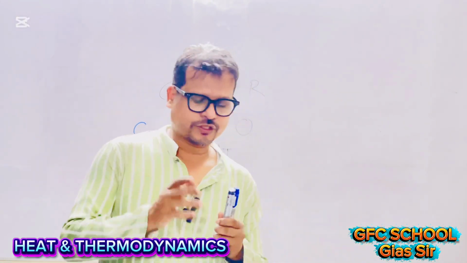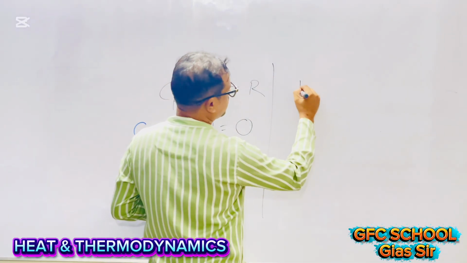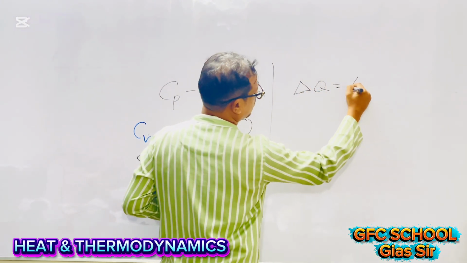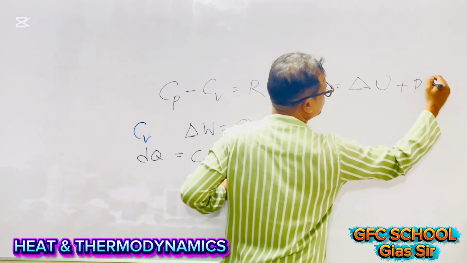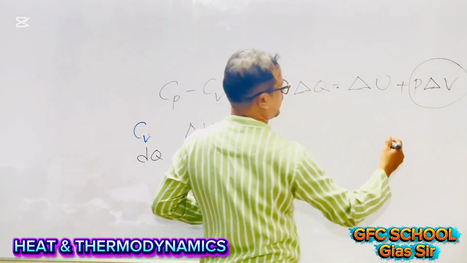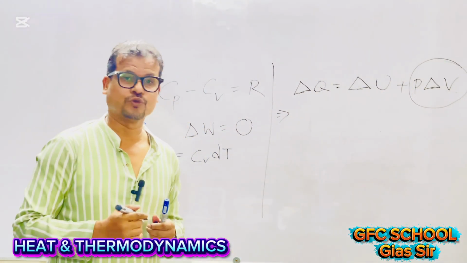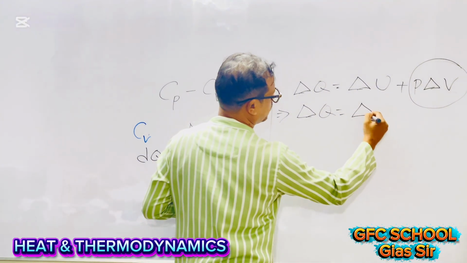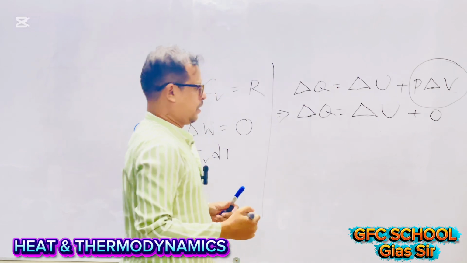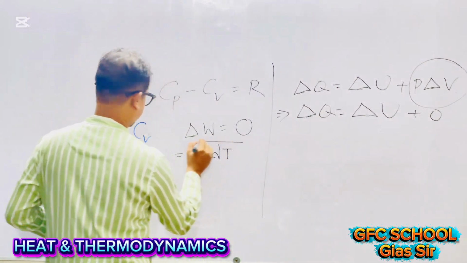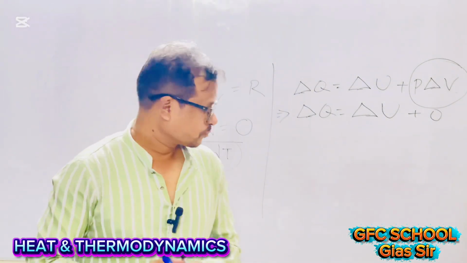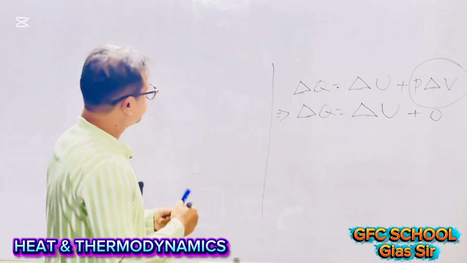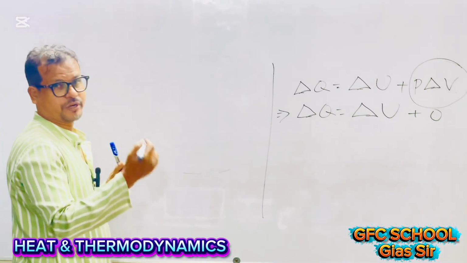Guys, from the thermodynamic first law, we know del Q equal to del U plus P del V. This P del V is work, and since work is 0 due to constant volume, we could say del Q equal to del U. What is the first law?